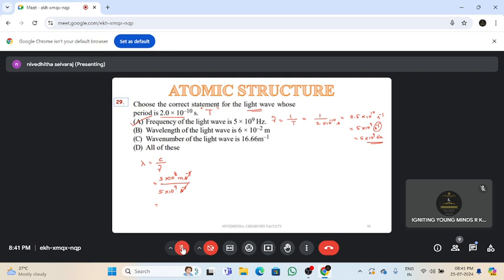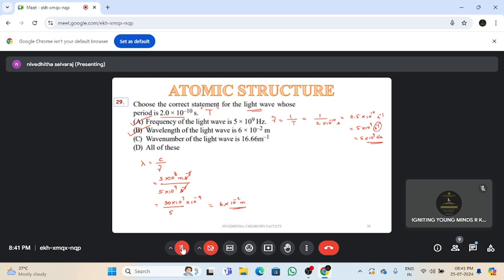Please simplify and tell me this. This 3 can be written as 30 into 10 power 7 divided by 5 into 10 power 9. I'm going to take it to the numerator as 10 power minus 9. So what is the value? 30 by 5 is 6, into 10 power minus 2 meter. So the second option is also right.